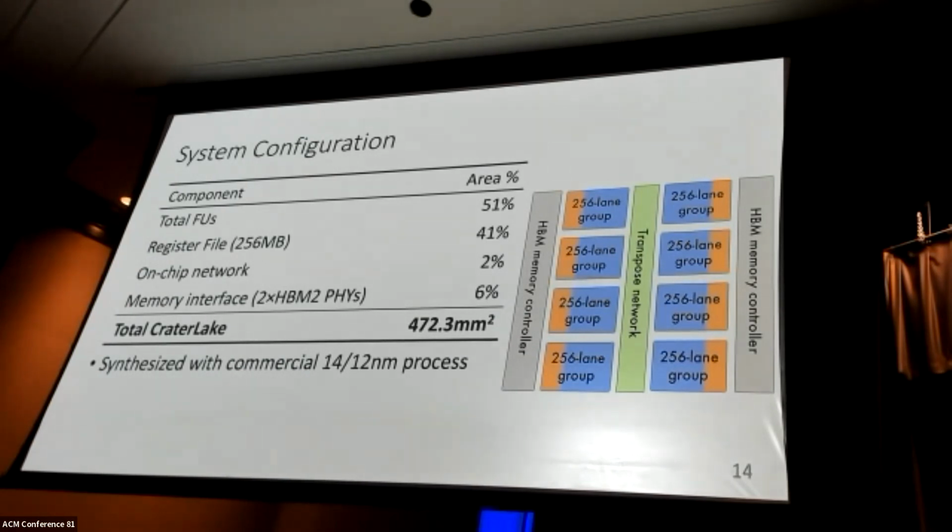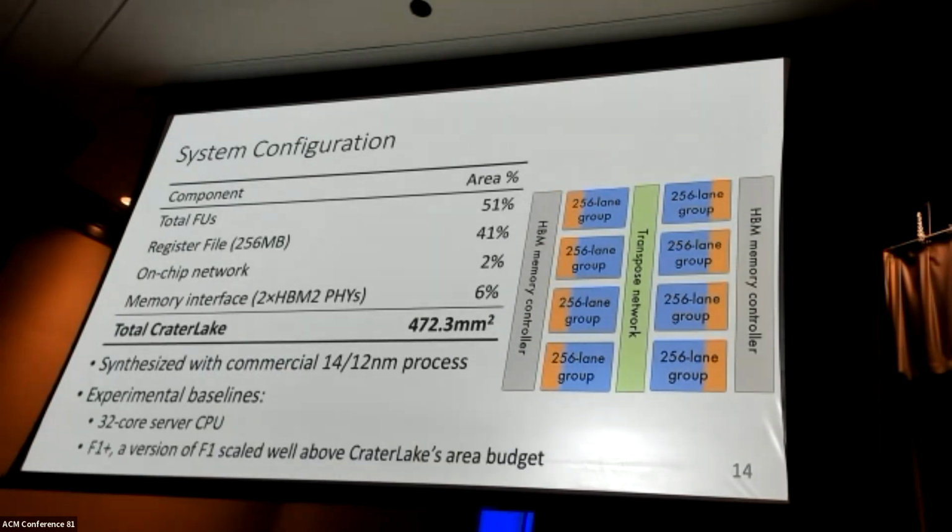We implemented all the components of CraterLake in RTL and synthesized them with a commercial 14/12 nanometer process. For our experimental baselines, we use systems with similar area and power budgets, namely a 32-core server CPU and F1 Plus, which is a scaled-up version of F1.